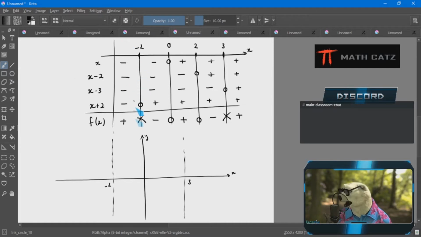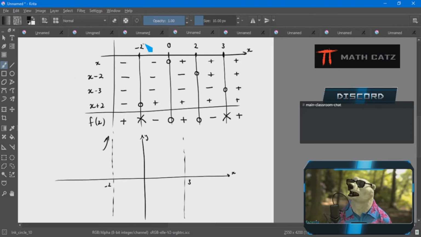For those, anything to the left have positive y values. I know it's going to be either going up or going down. The going down ones have negative y values. So it can't be going down. It has to be going up to fit with my table having positive y values.